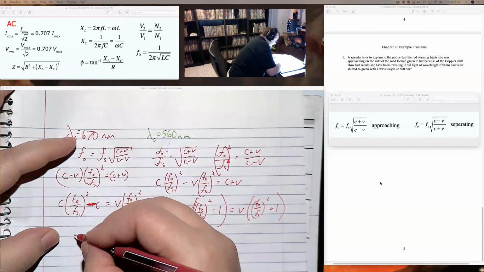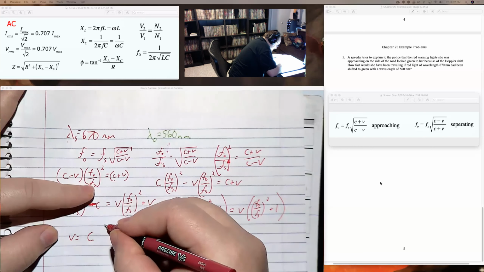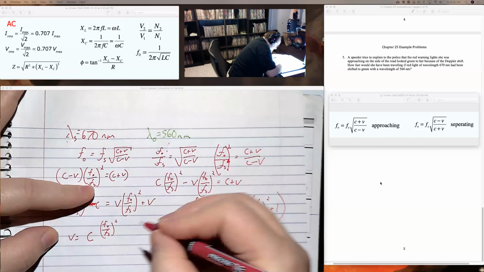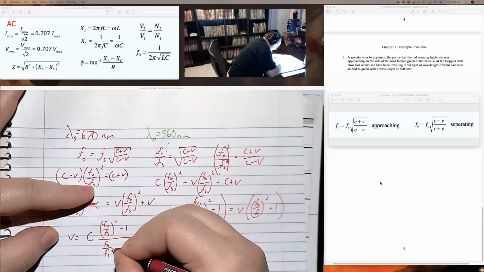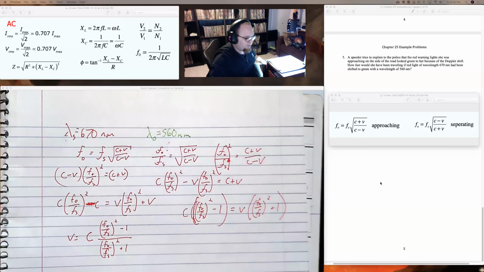I can then divide and get V equals C (f naught over f s squared minus 1) over (f naught over f s squared plus 1). You could solve it here with a tiny bit of work.